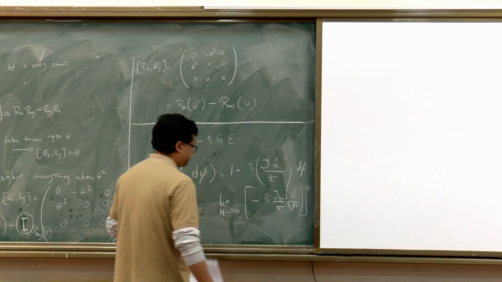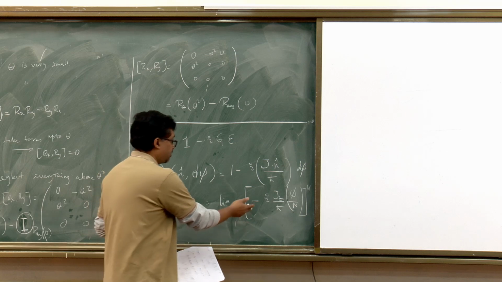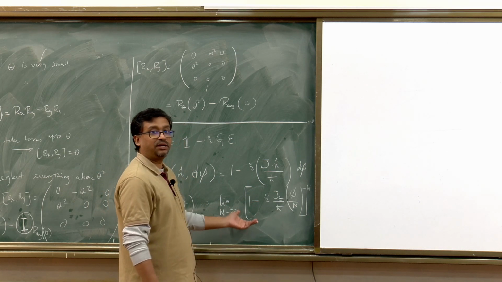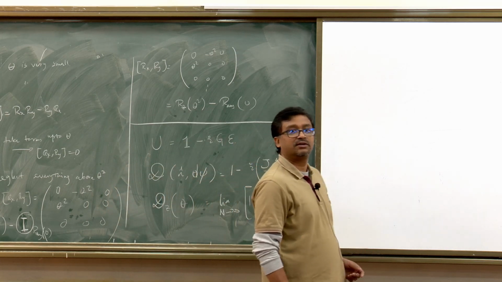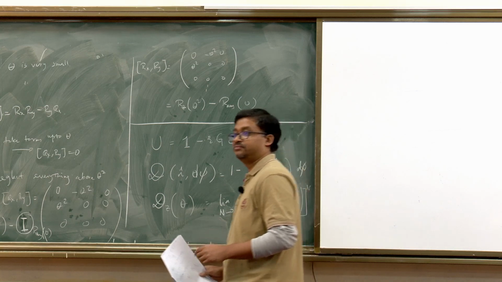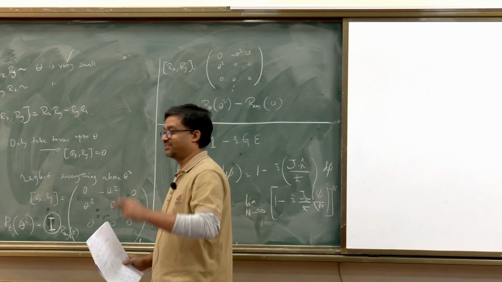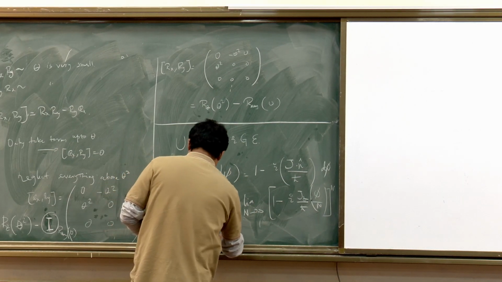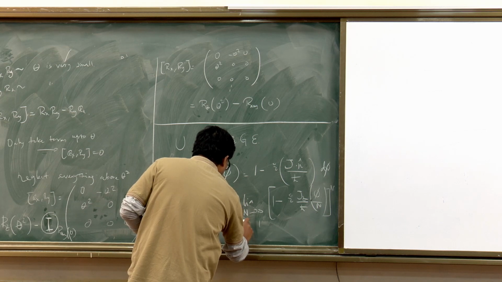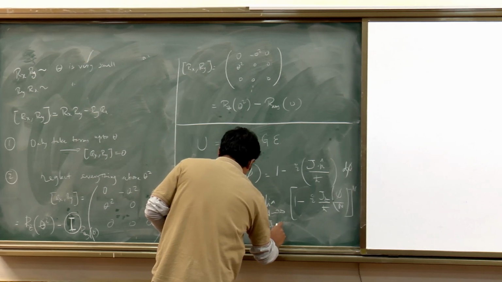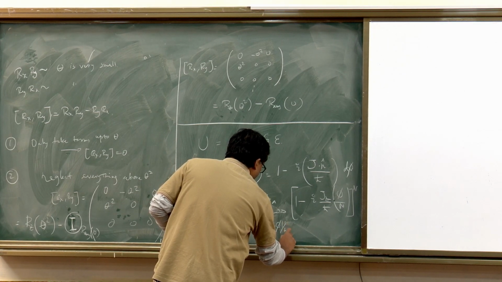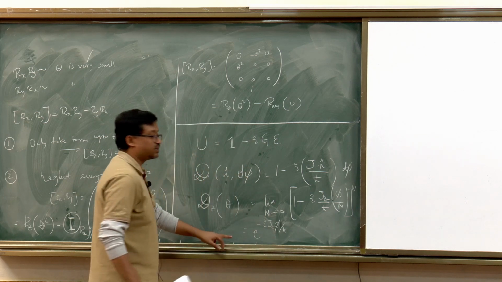to the power n. Do you know why? What is this limit? Exponential. Sorry. Okay. So this is e to the minus i Jz phi by h bar. That is our finite rotation.